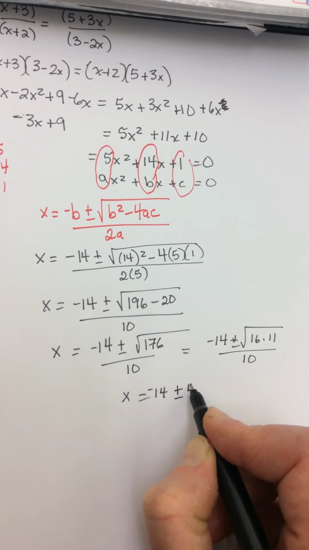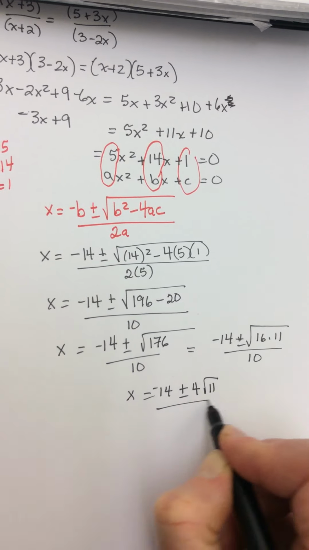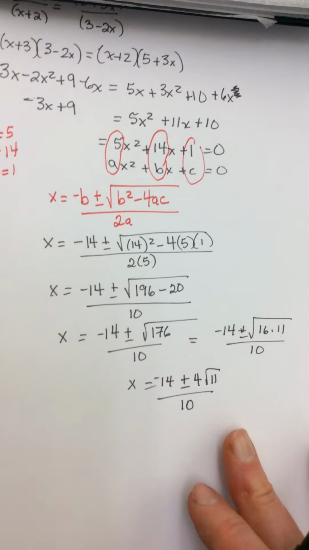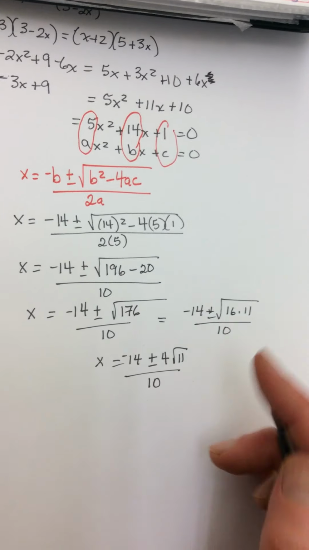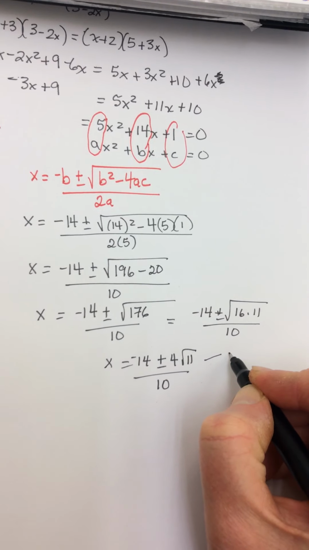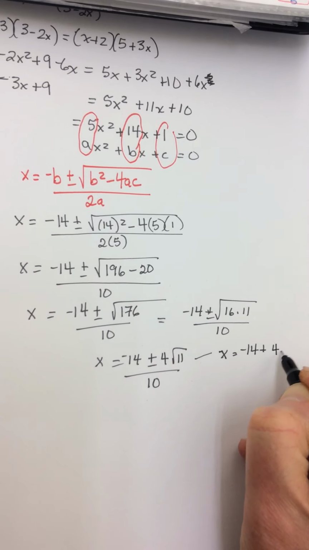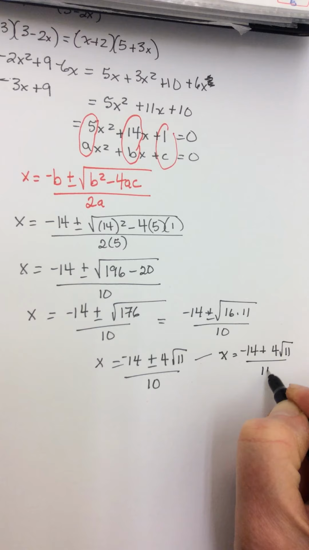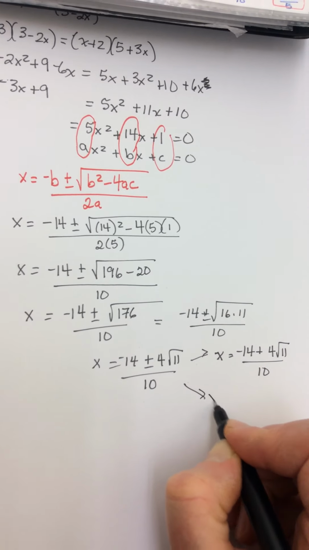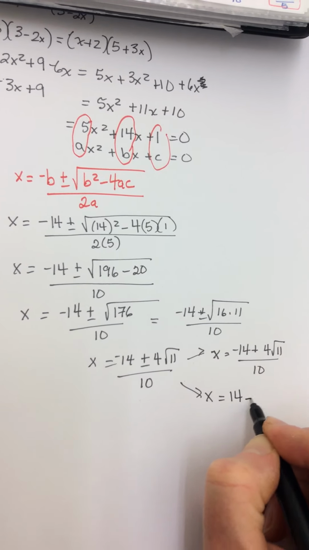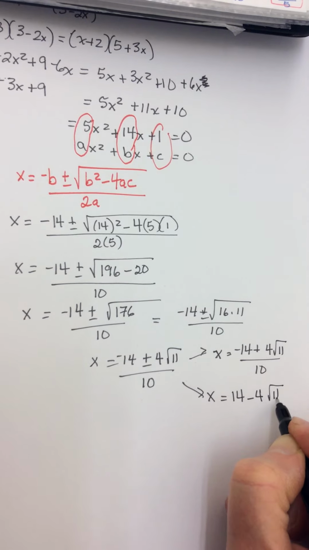So plus or minus 4 root 11 over 10. Now if this was math, you would leave it like this. You would say one number, x, is equal to negative 14 plus 4 root 11 over 10, and the other answer would be x is equal to negative 14 minus 4 root 11 over 10.